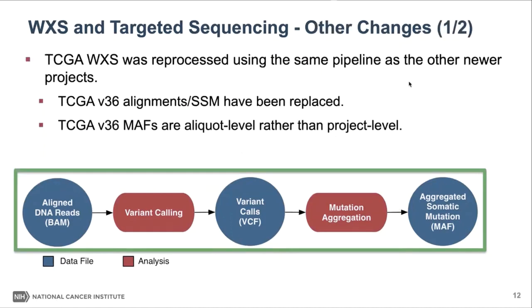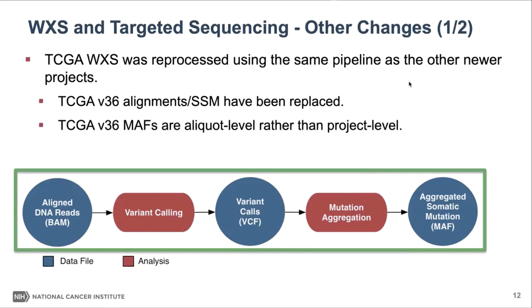Another change, and you're going to see this is a pattern you'll see with TCGA for this release: TCGA whole exome sequencing was reprocessed using the same pipeline as other newer projects. So the TCGA alignments and the simple somatic mutations, the raw VCFs, have been replaced in addition to all those other files that we showed in the previous slide.